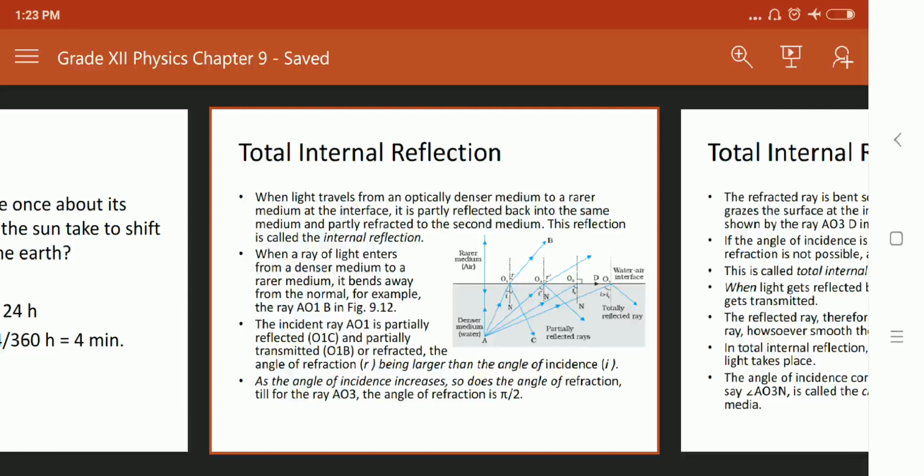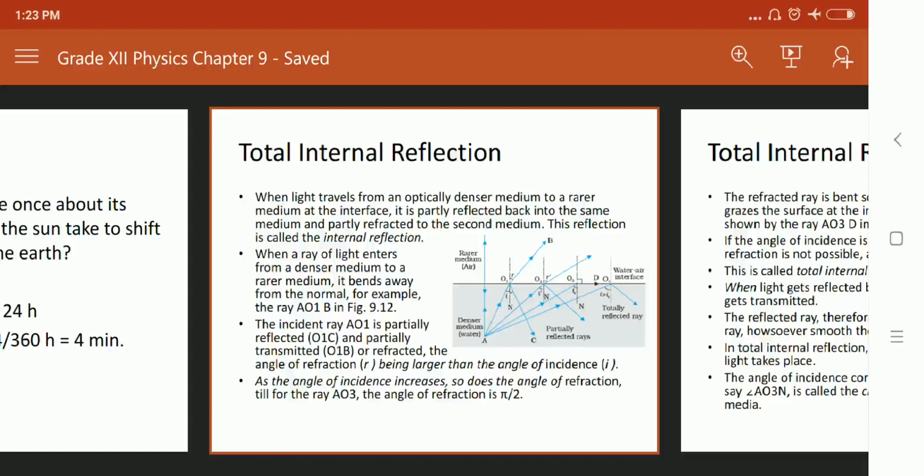Now again increase the incident angle to the path AO3. In that case, the wave is propagating along a straight line at the interface between air and water. That is the point from which refraction won't be possible.